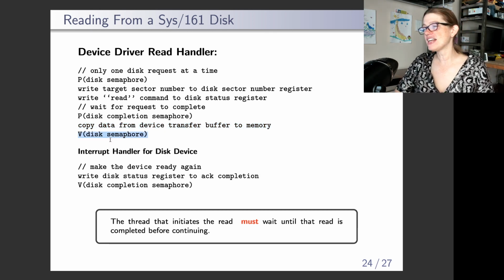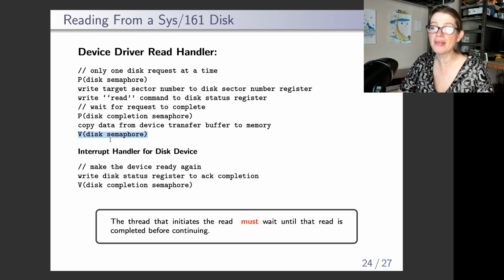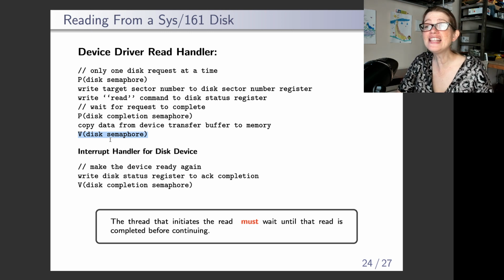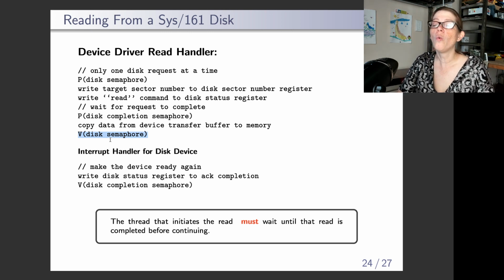Now, a lot of people ask, do you need to have two semaphores in every device driver? And the answer is no. The reason why we needed two semaphores for this particular device driver is for two reasons. Number one, because the calling thread needs to block while we are waiting for the device, because we can't continue in the program until that operation has completed.